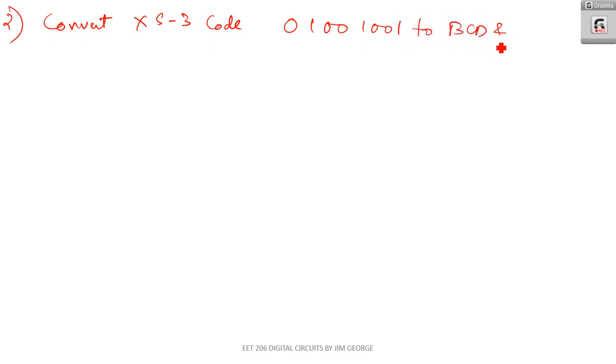Second example: convert XS3 code 0100 1001 to BCD and decimal number.